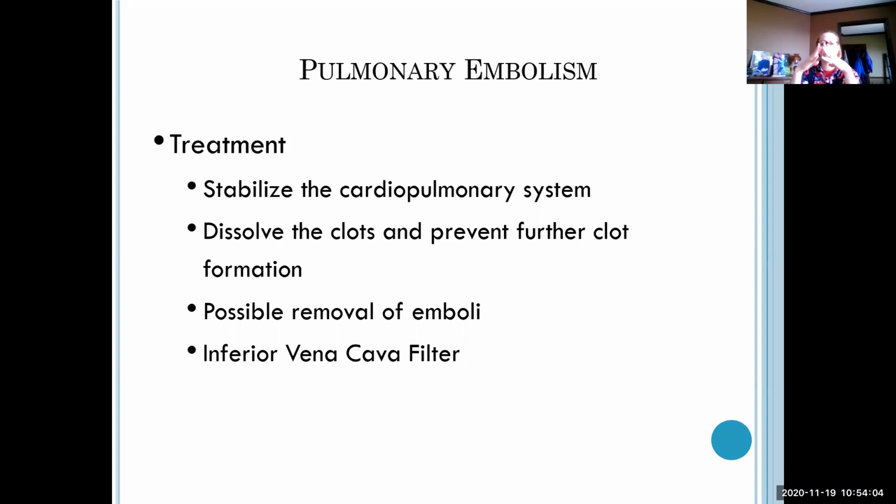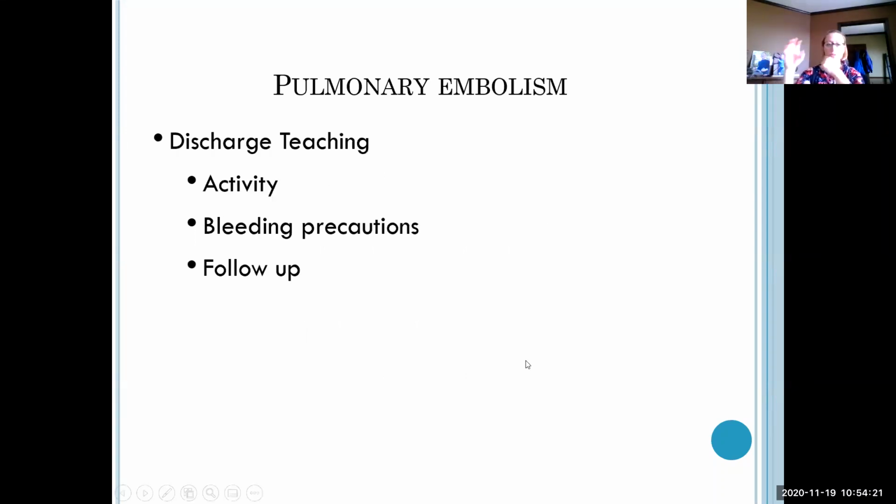So maybe they're an elderly patient who has a lot of falls and shouldn't be on blood thinners, or a young patient in sports where you don't necessarily want them on blood thinners to prevent the PEs from recurring, but they might place that IVC filter as an option to prevent it.